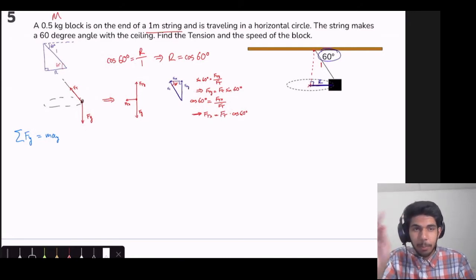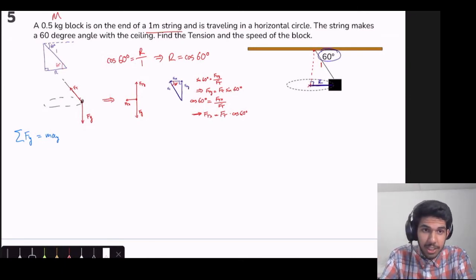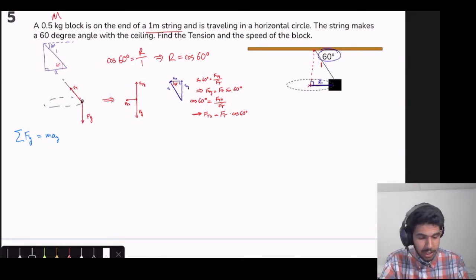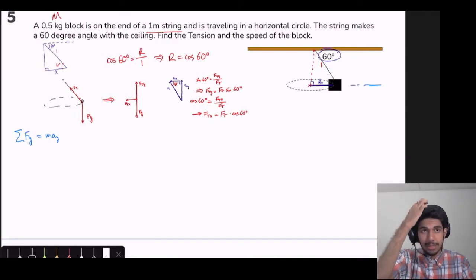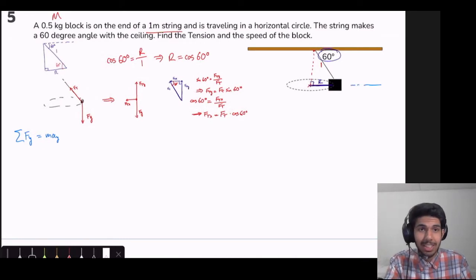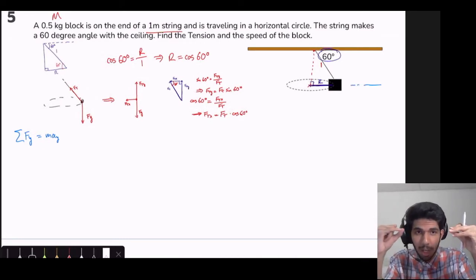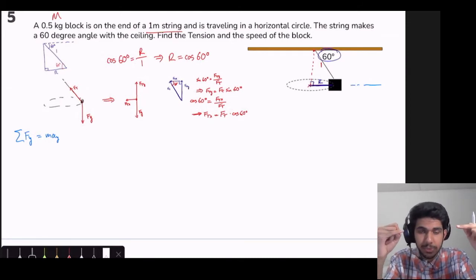What can we say about the system in the y direction? Well, it shouldn't be accelerating. The block is traveling in a horizontal circle, which means that its elevation, or distance from the ceiling, isn't changing. It's staying at that same y level, which means it has no y velocity.